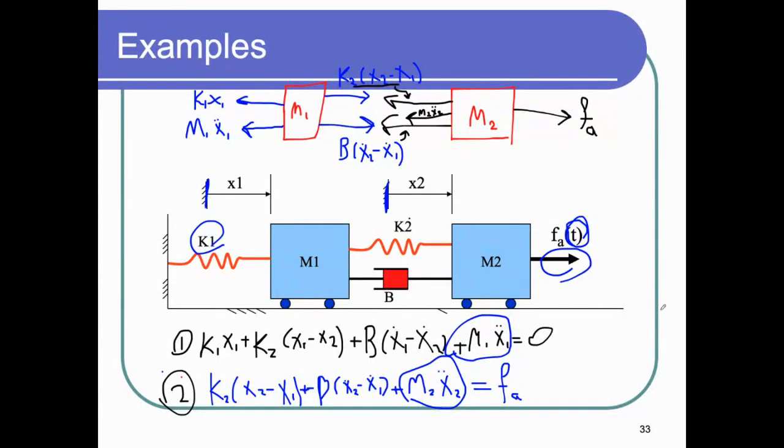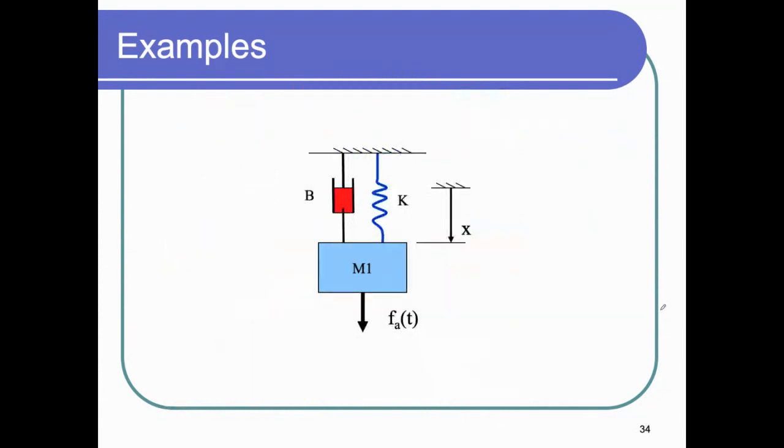Okay. If you don't have a question, then let me move to the next one. Okay, please grab a piece of paper and work on this example. So first you need to do the free body diagram.